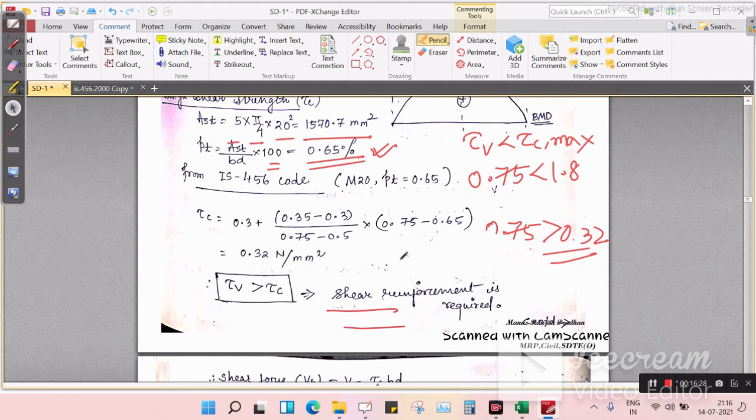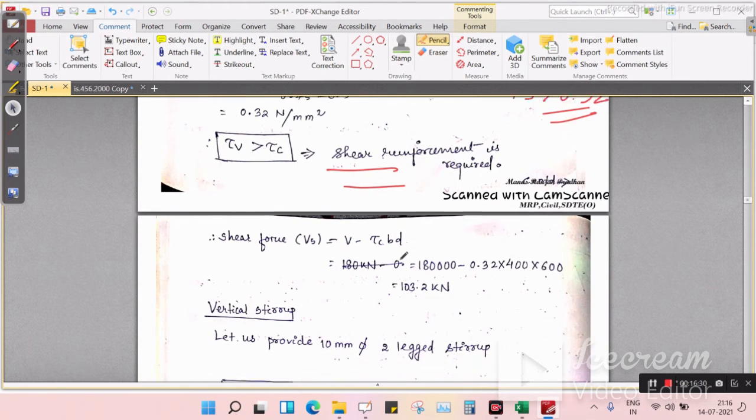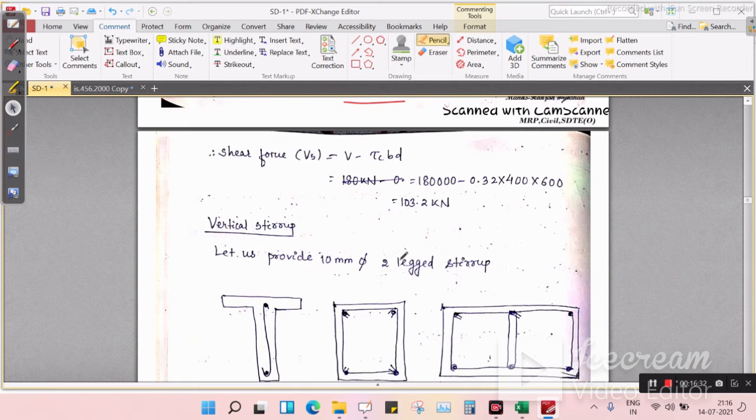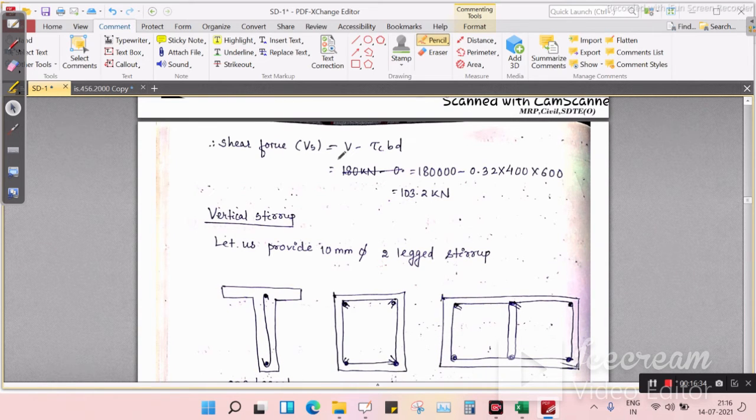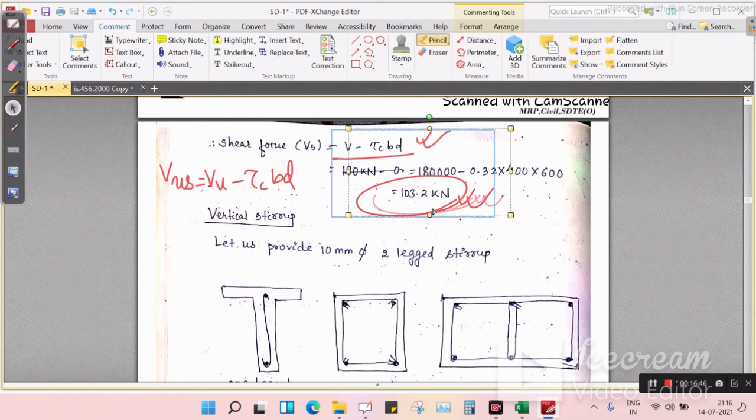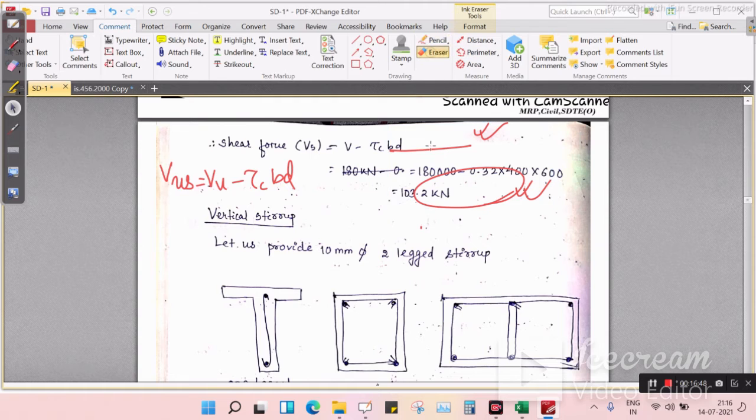Here we will provide vertical stirrups as asked in the question. So our shear force VUS is VU minus tau C BD. We got 103.2 kilonewton.